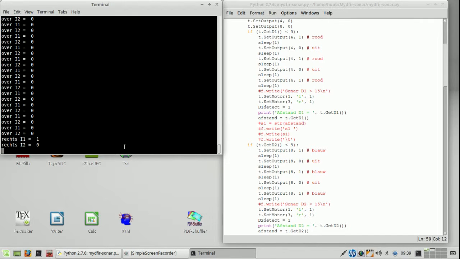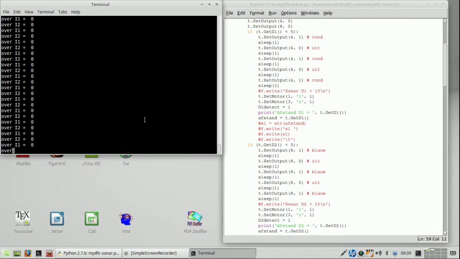And now we're alright, that is because I am moving my finger over the line sensor. But I don't see distance going by, which is afstand, Dutch for distance.